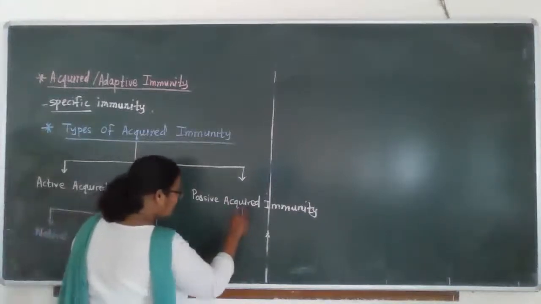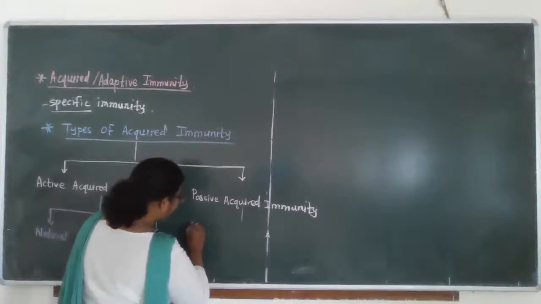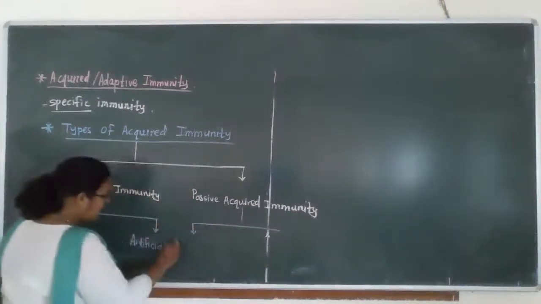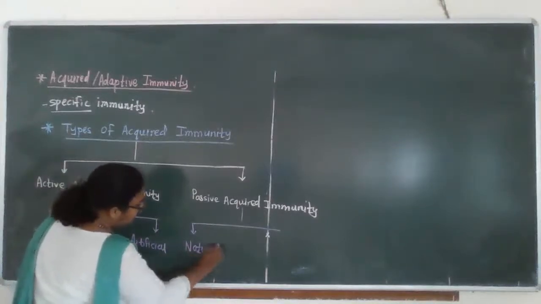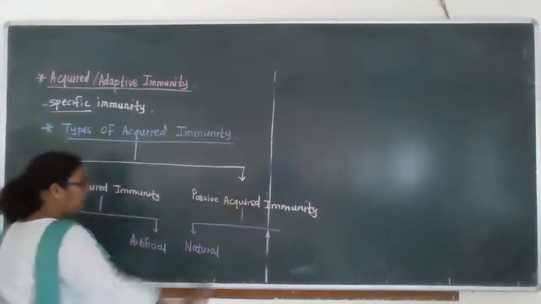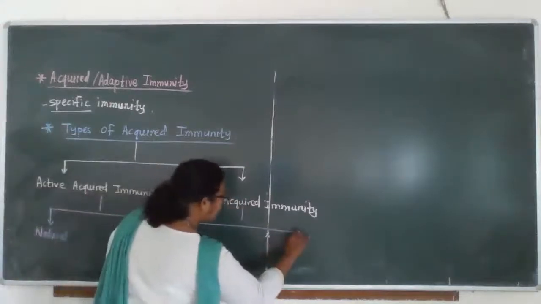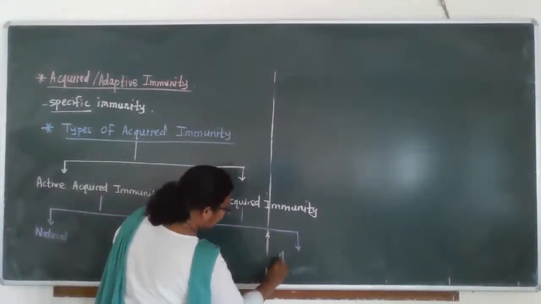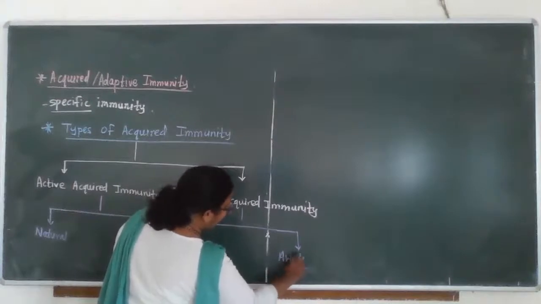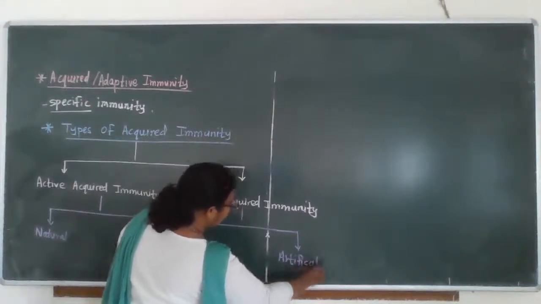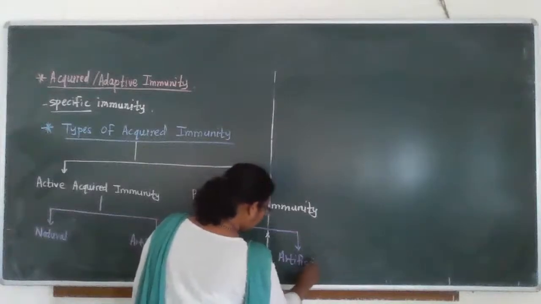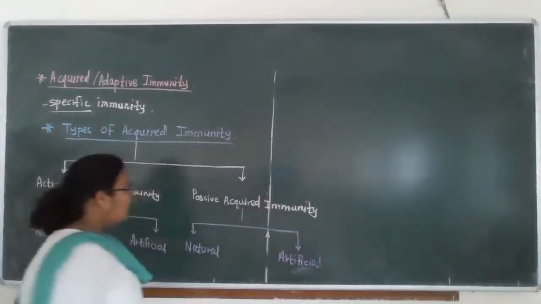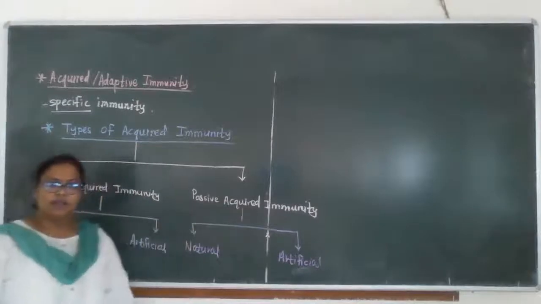Then passive is also grouped into two: natural passive acquired immunity and artificial passive acquired immunity.